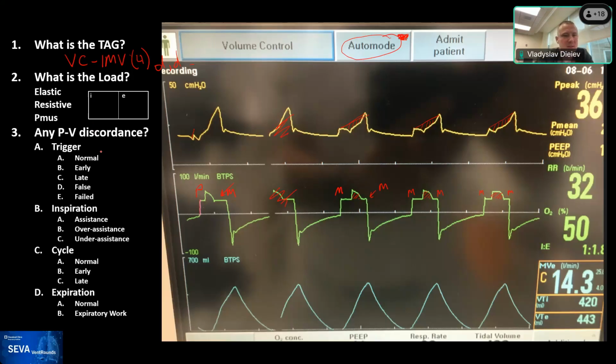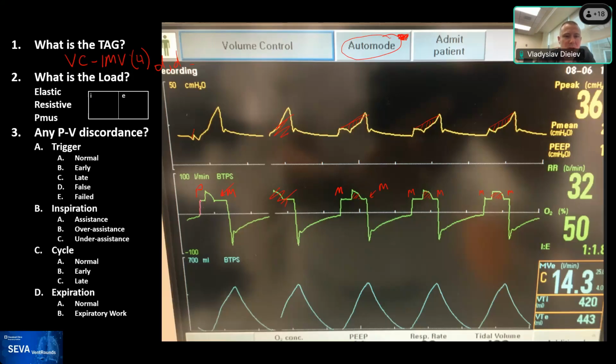All right, I see some answers coming through. So again, if you thought PMUS, we are talking about the inspiratory load right now. Remember we are in volume control, so we are controlling the flow. Now we're looking at the pressure waveform.